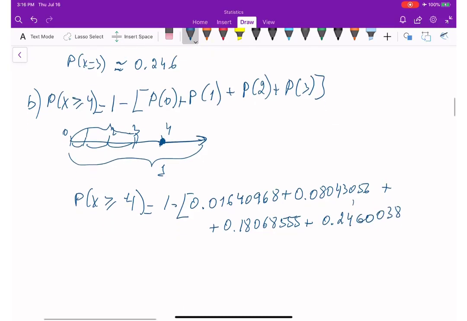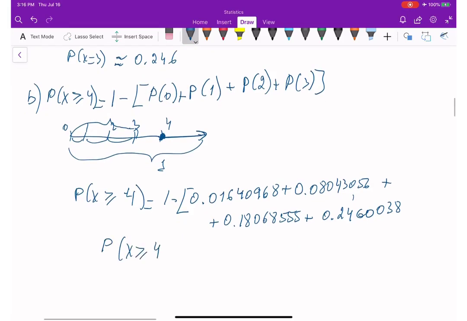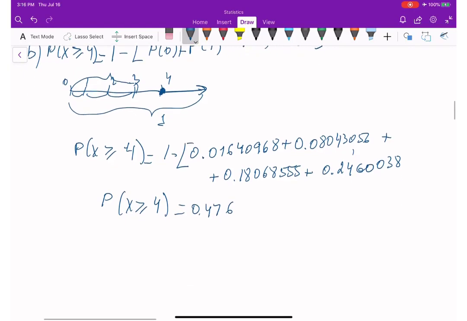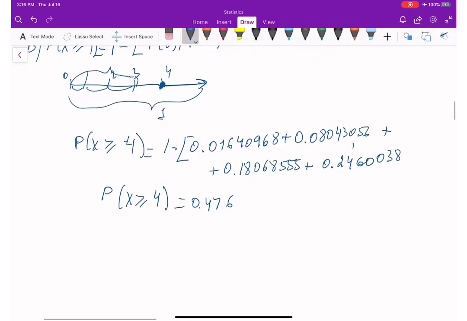And what do we get? Probability of x greater than or equal to 4 is equal to 0.476. Okay, so that was B.